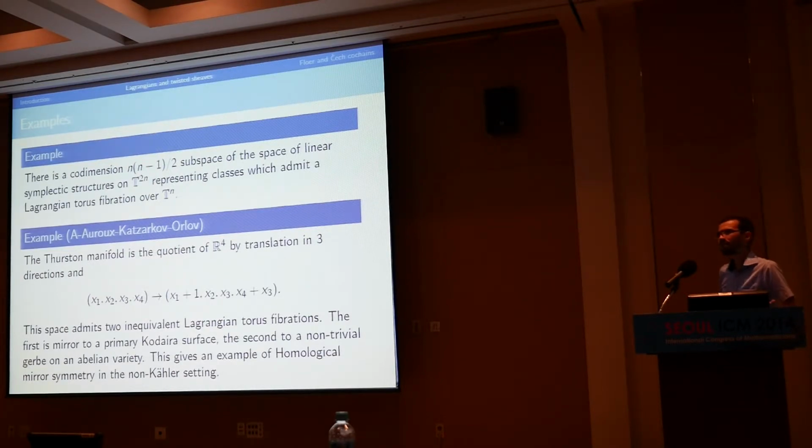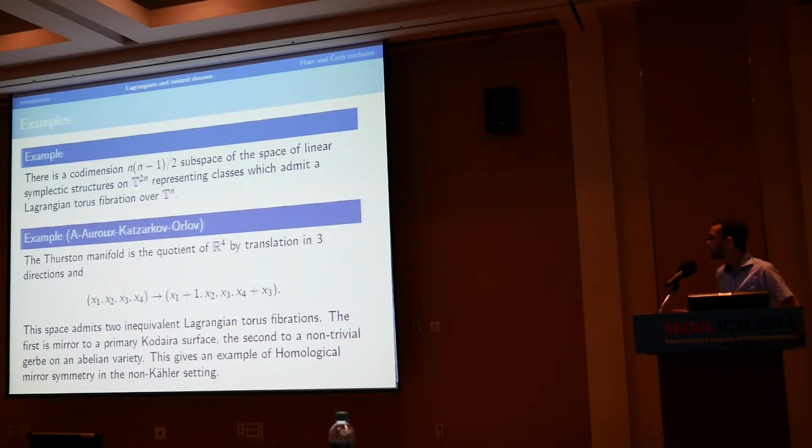But there's another Lagrangian torus fibration, and when you carry out the construction for this other fibration, what you get is an abelian variety. In fact, what you get is a product of 2 elliptic curves. So when you first encounter this, you think something is wrong, because any algebraic geometer will tell you that there's a very, very large difference between the derived category of a Kodaira surface and the derived category of an abelian variety. That's because there is some additional twisting that is taking place.